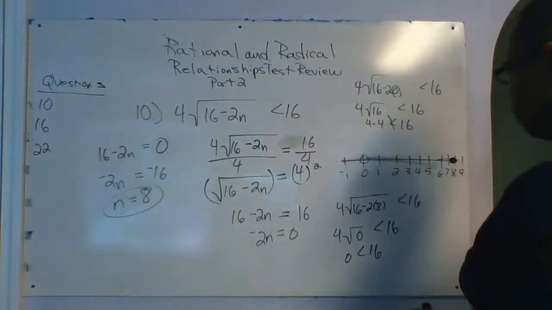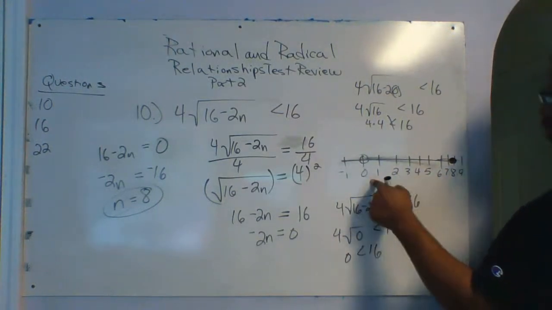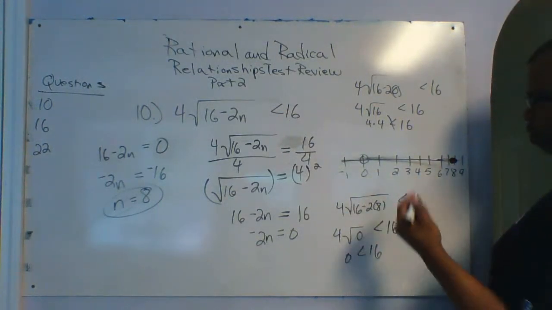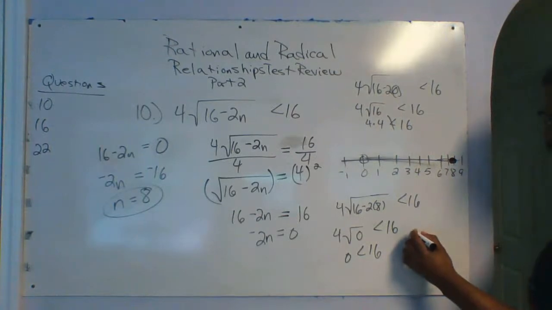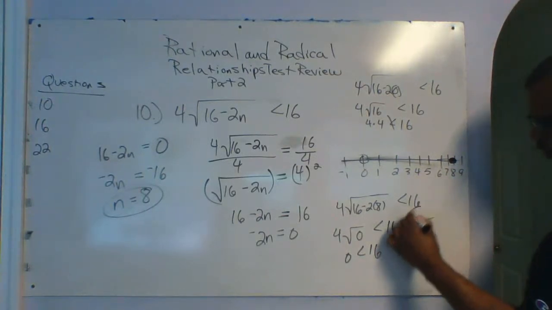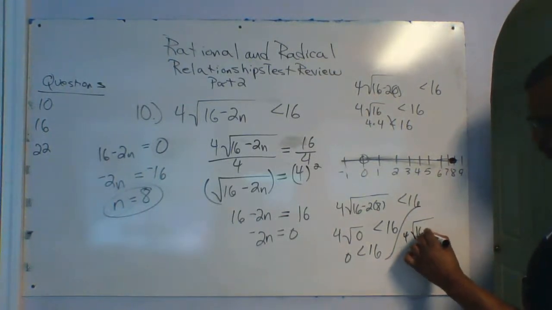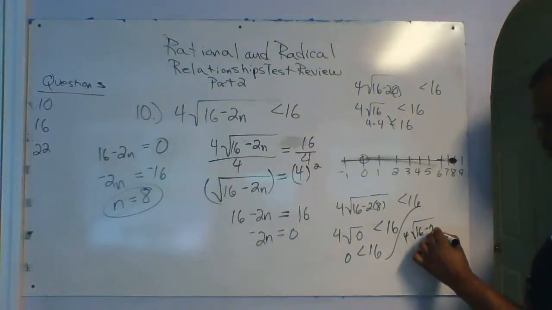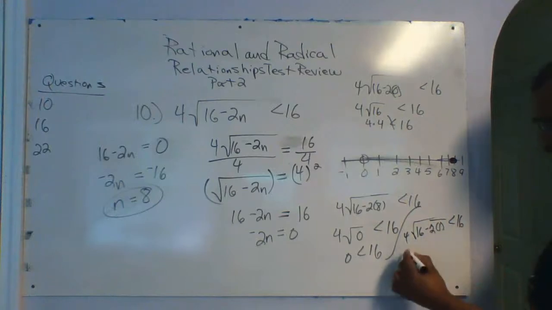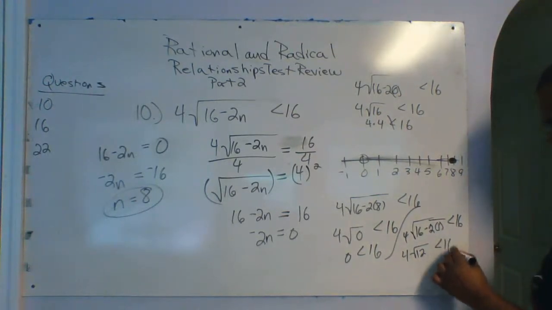Now, if I pick something in between here, let's say we picked 1. So we can do 4 times (16 minus 2 times 1) is less than 16. So that's 4 times 12, 48, I mean 16.